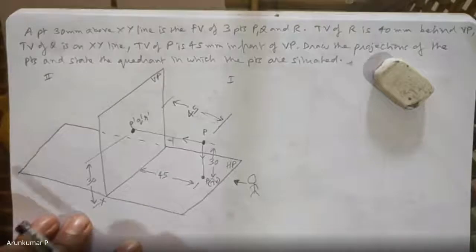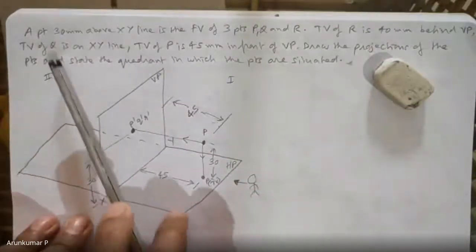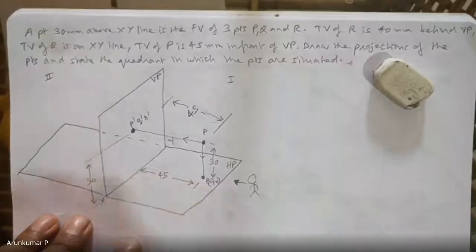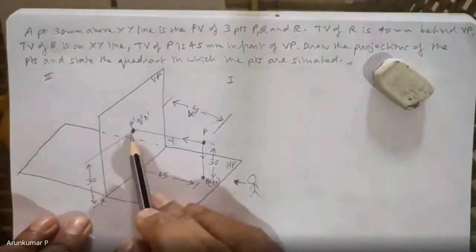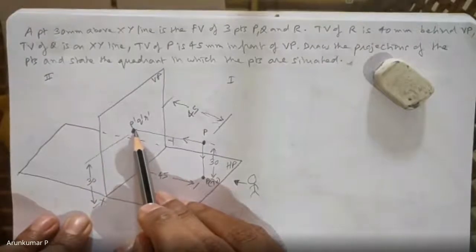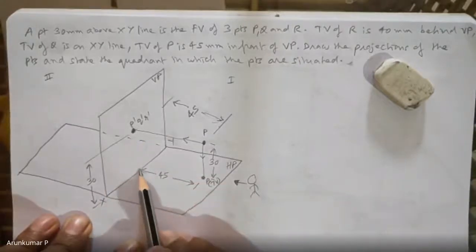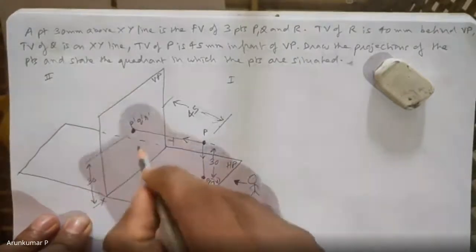Now, let us focus our attention to Q. So the top view of Q is on XY line. When is this possible? When the point is on VP. Whenever the point Q is on VP, its top view will be on XY line. So let us check that out.